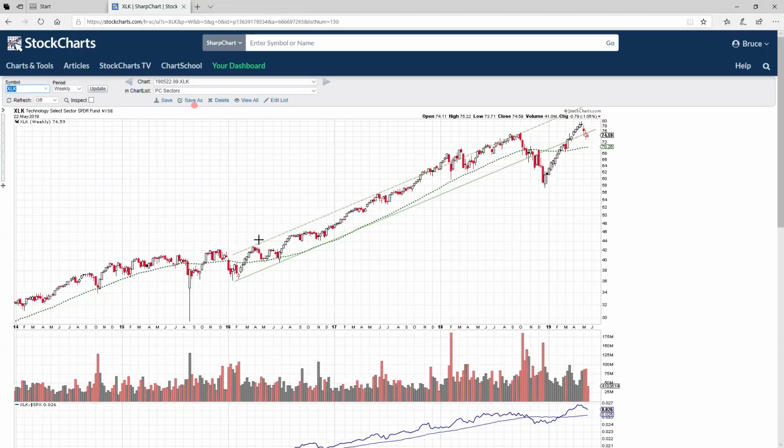Then there's an overbought line that's parallel that's drawn on this point right here, and you can see it touches overbought here, overbought, comes back in, and then hugs the overbought line until the weakness of the fourth quarter of 2018, and then an outright failure down and out.